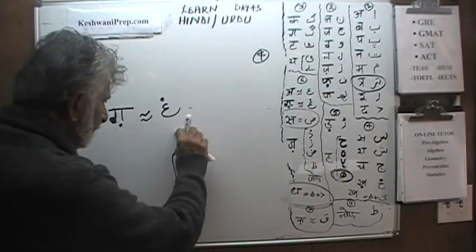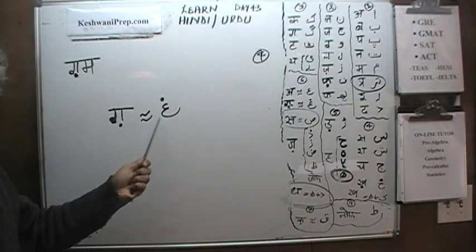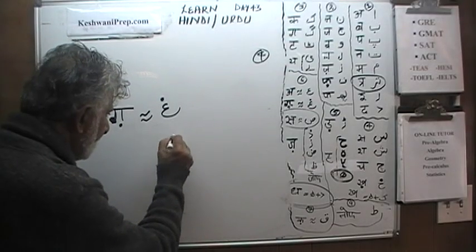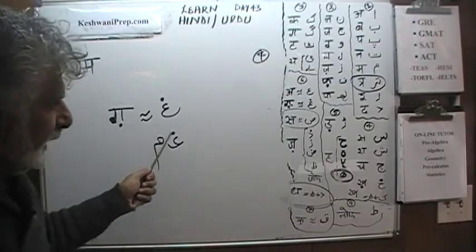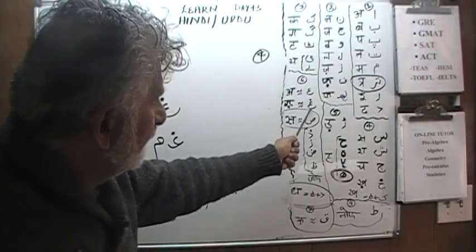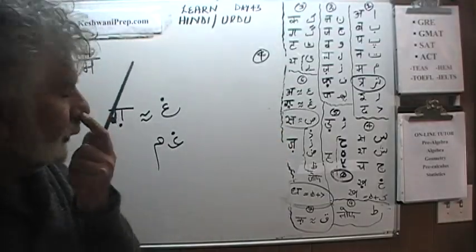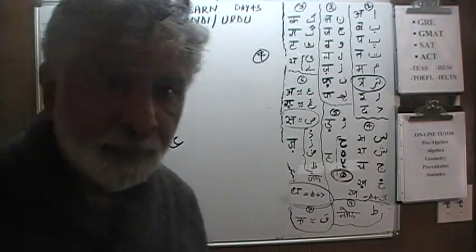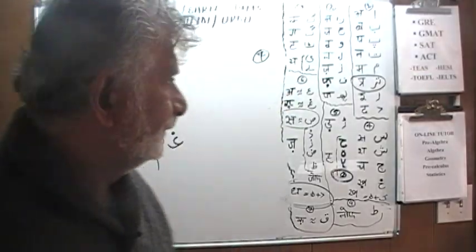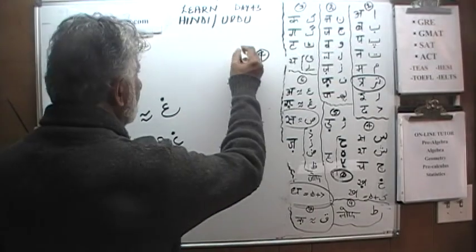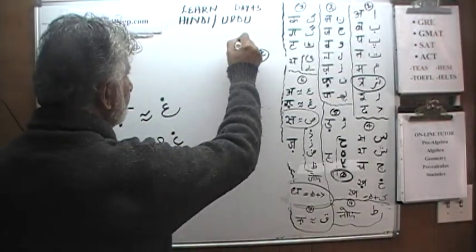And the ghain, when it's about to join something, takes this form, to which we're going to join the meem. The dot reminds us we're looking for ghain. So the next word is gum, as in sadness. Gum. We join them together like this, ghain and the meem.